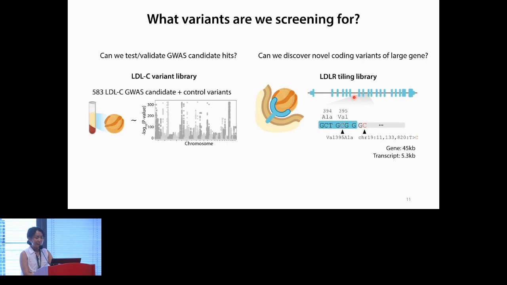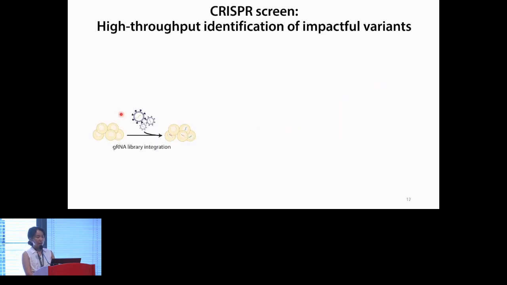I'll first explain about the CRISPR screen before I go into how the reporter can be useful here. So in the CRISPR screen, we have a pool of cells, and we're transfecting, because we are trying to test or rank different variants based on how much they impact the phenotype of interest that we're looking at. We are transfecting thousands or more than 10,000 guides that are targeting hundreds to thousands of different variants.